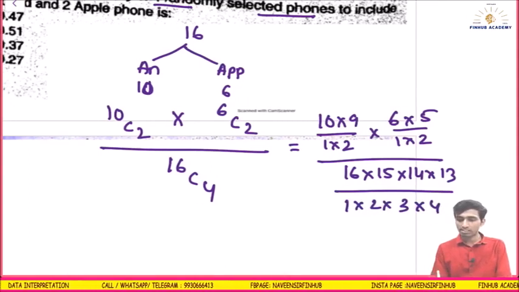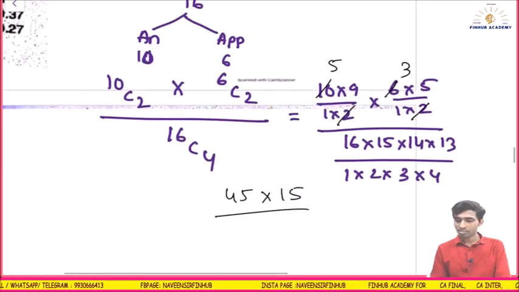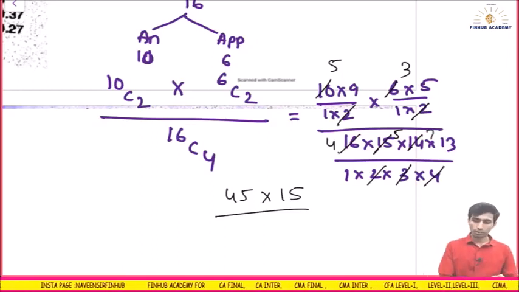So 5 9s are 45, into 3 5s are 15, upon 4 into 5 into 7 into 13.